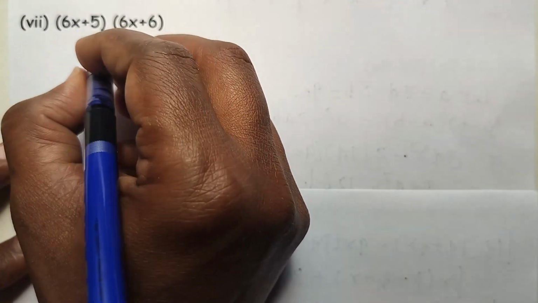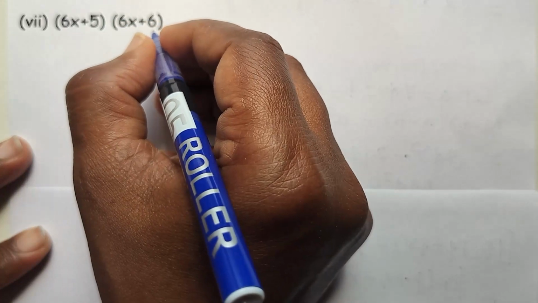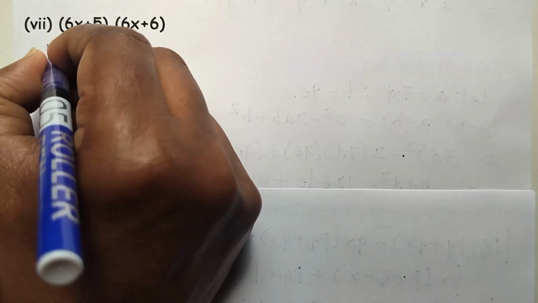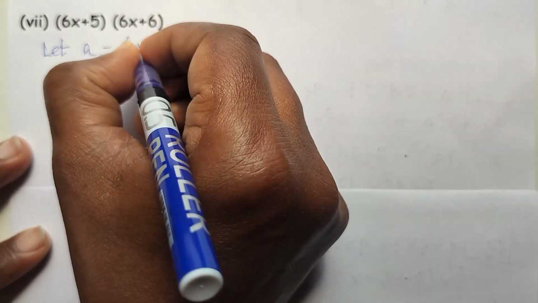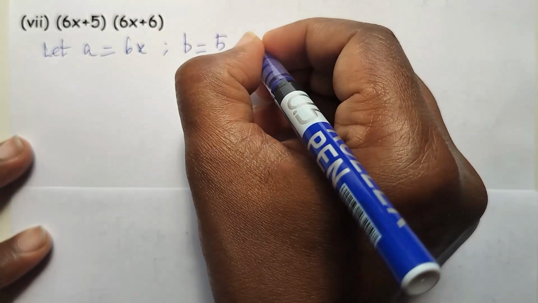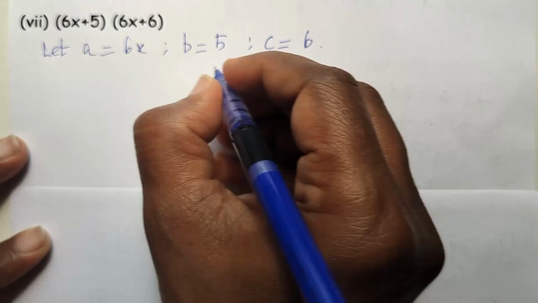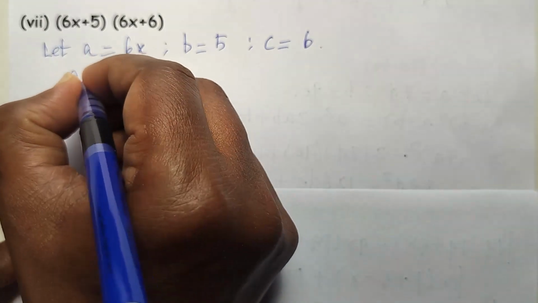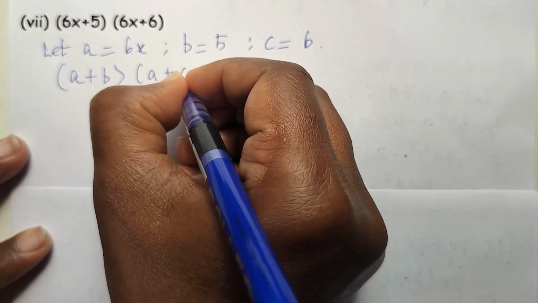Next, seventh, (6x plus 5) into (6x plus 6). So here let a equal to 6x, b equal to 5 and c equal to 6 here. So it will be (a plus b) into (a plus c) here.